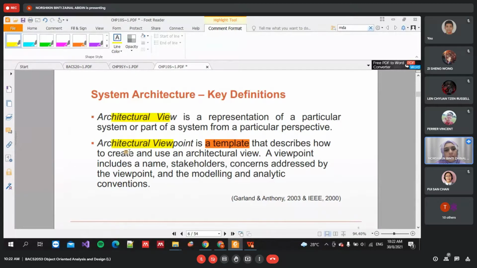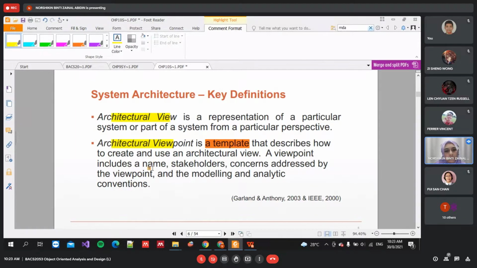So when people say architectural viewpoint, go back to this concept. A viewpoint includes a name, stakeholders, concerns addressed by the viewpoint, and the modeling and analytic conventions.